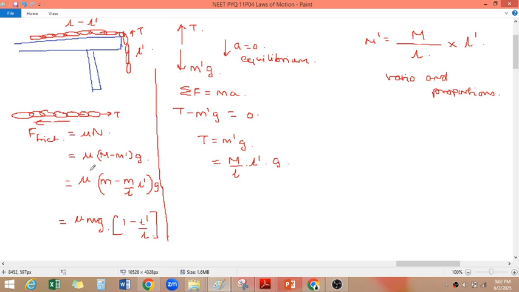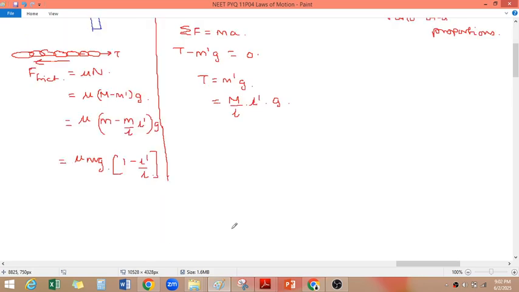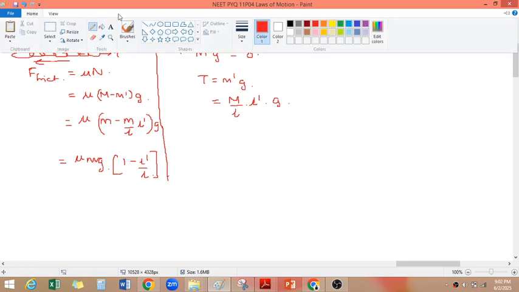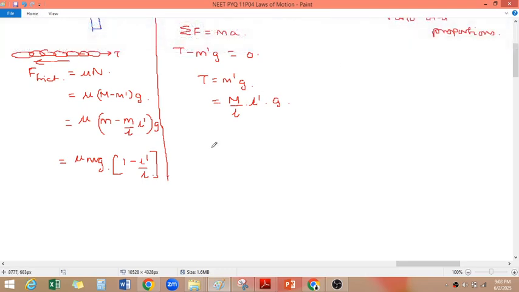So this and this should be equal. Simplify this, you will get the answer. If something is not clear, please raise your doubt. This and this should be equal, only then they will be in equilibrium.